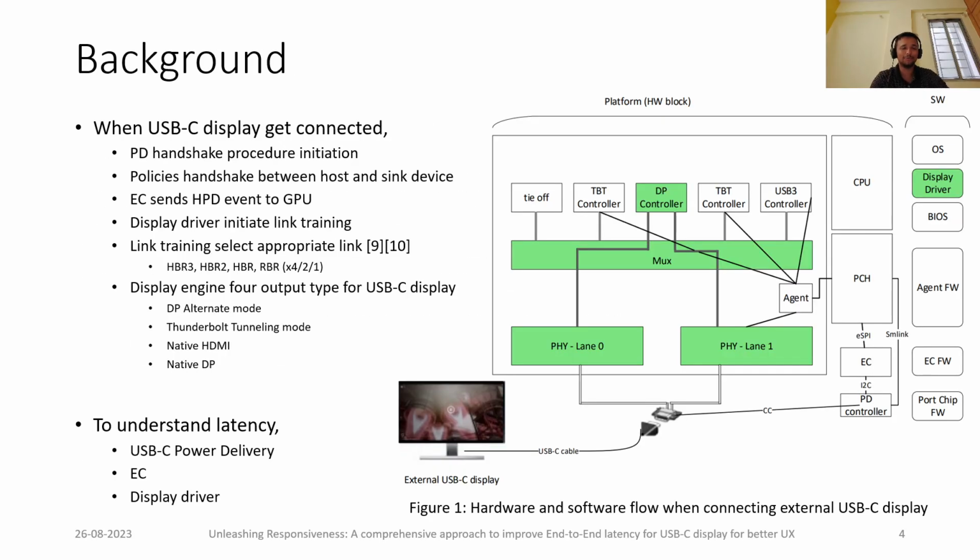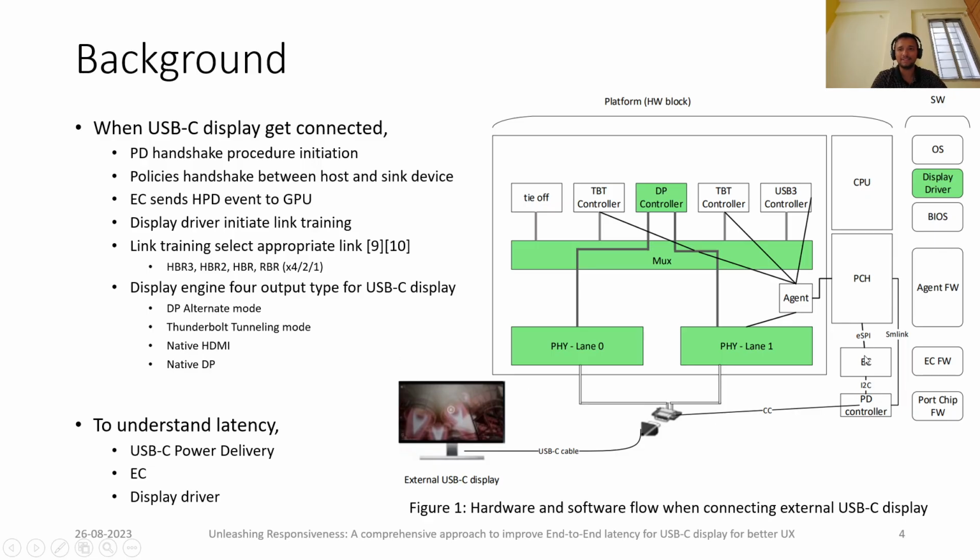Let's now jump to the background in order to understand how we can analyze the latency at different levels. When you connect a USB-C display to a Type-C port, it will send a CC signal to the PD controller. PD initiates the handshake procedure, which involves a policy handshake between host and device. Policy is the power delivery negotiation, and whether it is in DP alternate mode, Thunderbolt mode, or native HDMI or DP mode.